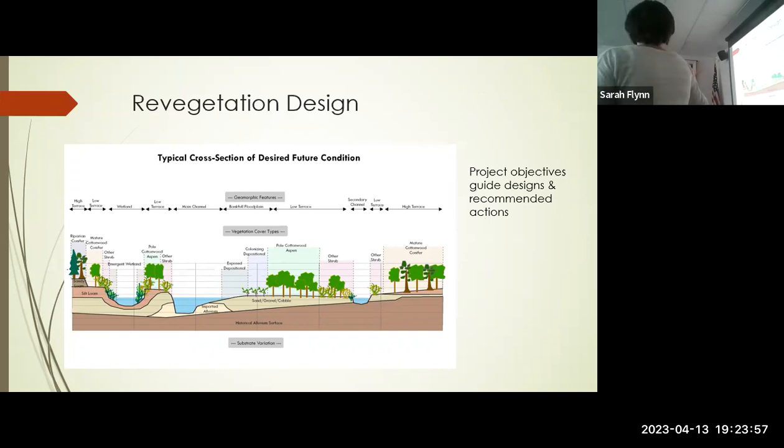And then as we get further out into the floodplain, we start to develop finer textured soils where we'll have silt loams or sandy loams, and the vegetation communities also follow that soil gradient, elevation gradient as we get further and further out of the floodplain, and eventually transition into a riparian or upland corridor along the edge of the river system.